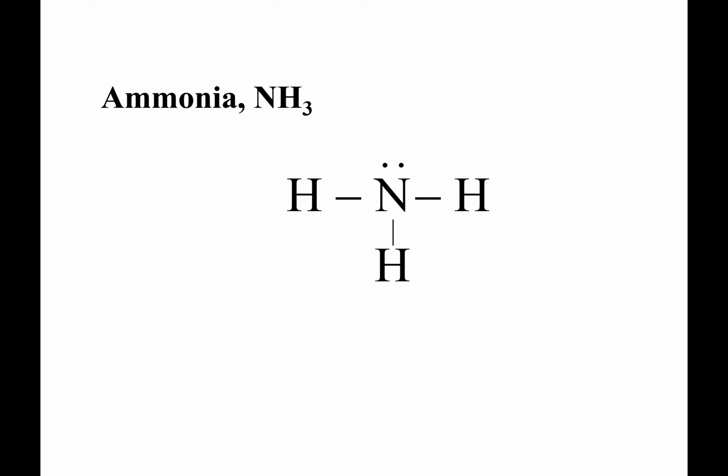If you have 3, it must be sp2 and trigonal planar. And if you have 4, you must be talking sp3, and it's tetrahedral. And we have this bond angle: 180, 120, and 109.5. We've done this a few times.